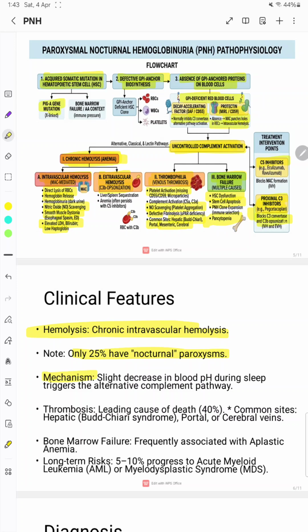The mechanism behind nocturnal hemoglobinuria is that pH is slightly decreased in the night, and this will result in the activation of the complement system, and so there will be hemolysis.